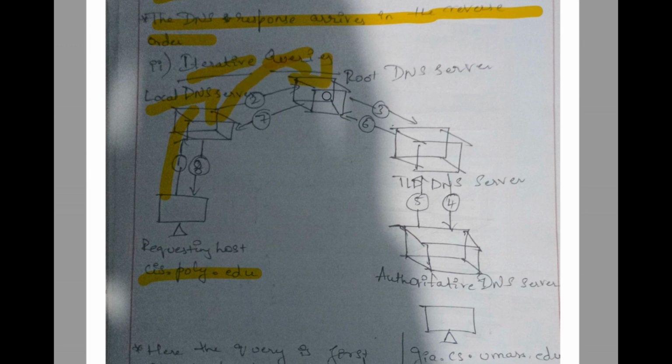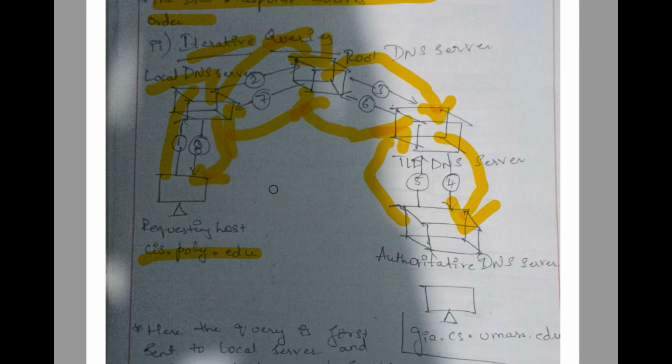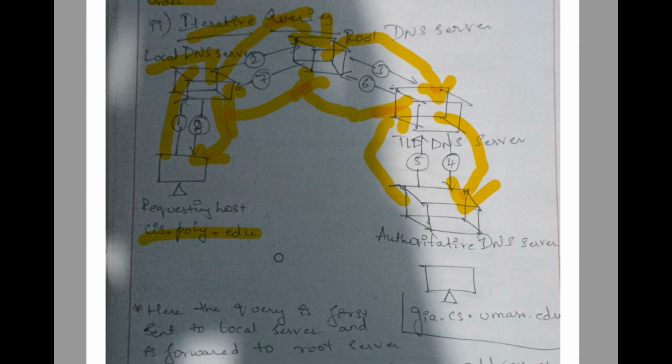Everything is the same, but the directions have been changed. Now it sends to the TLD DNS server, and then further to the authoritative server. He has the IP address, so he gets back to the TLD server. The TLD server gets back to the root DNS server, the root DNS server gets back to the local DNS server, and the local DNS server finally gets back to the host client.